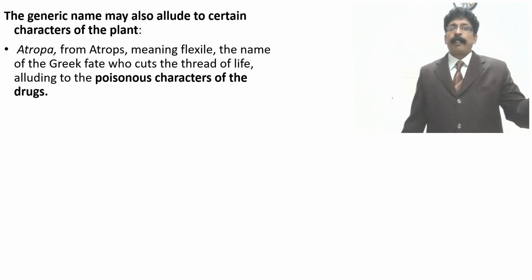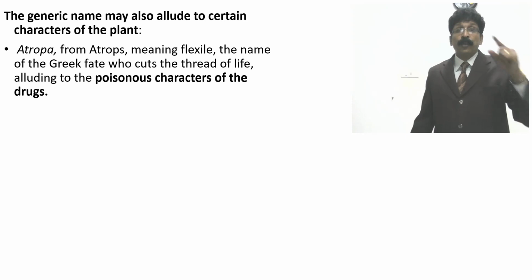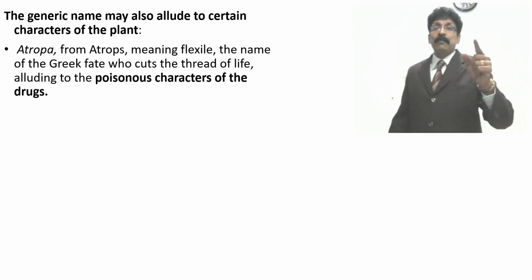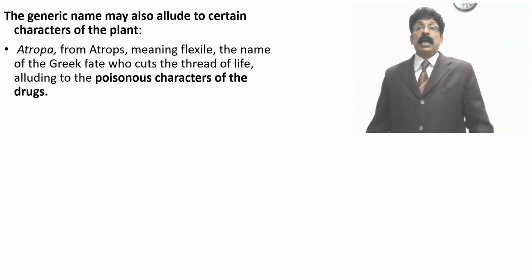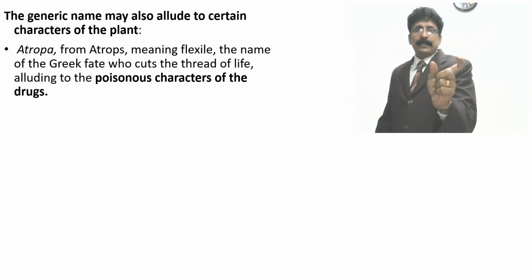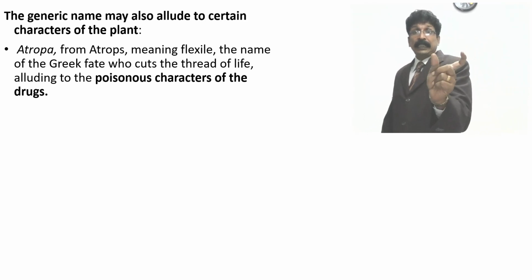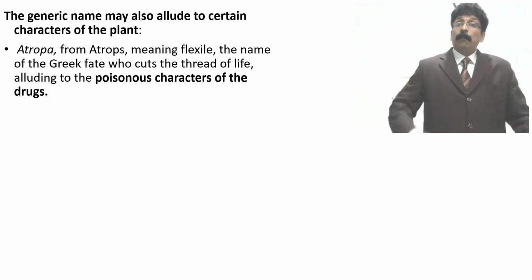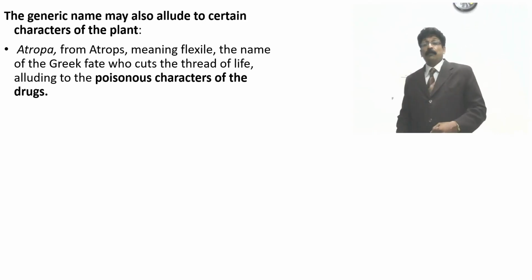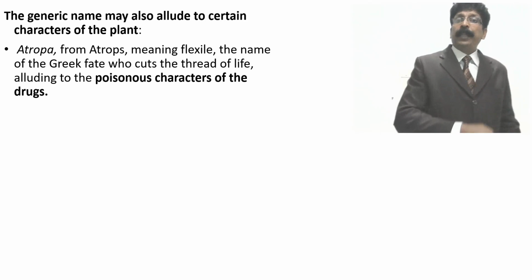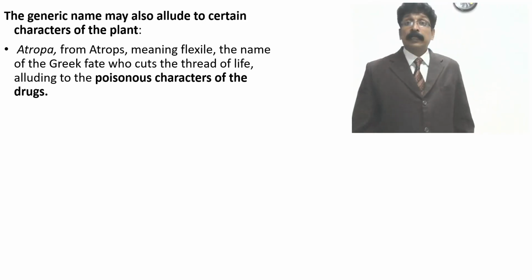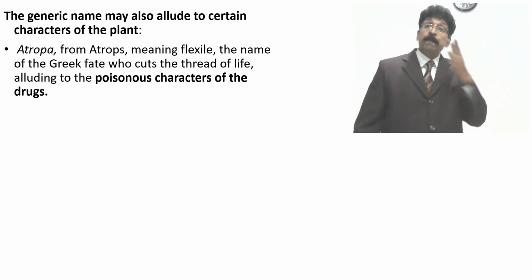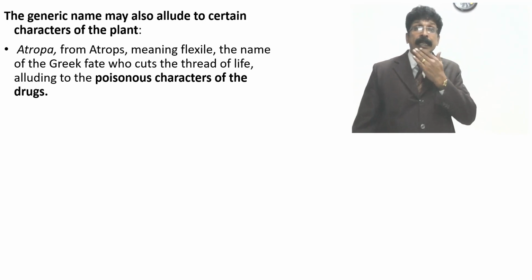But here we are talking about how the genus name also has some influence. Atropa means poison, threatening the life. They used this for poisoning people and for making war between countries, and that is the way they used to threaten people. This is from the Egyptian period, before Christ itself.